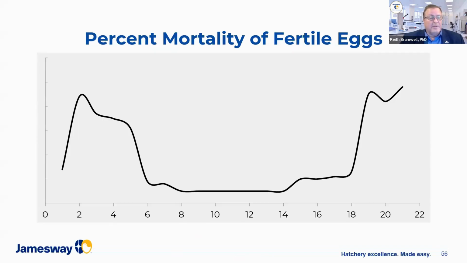So when we look at our mortality patterns, this peak we see here at 2 to 3 days is normally due to cell differentiation. That is very similar to other mammalian species, including humans. When we have incidences of miscarriage in humans, many times that is due to problems with cell differentiation, and the embryo or the young fetus is not growing properly.